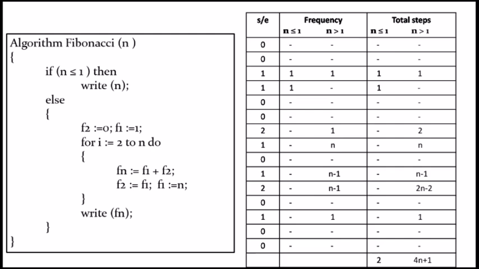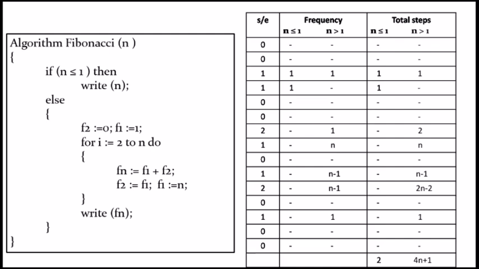So n will be the total steps for this particular statement, that is for i equal to 2 till n. Next, fn equal to f1 plus f2. This will be executed n minus 1 times. So 1 into n minus 1, that will be n minus 1. Next is f2 equal to f1, and there is another statement, that is f1 equal to fn.